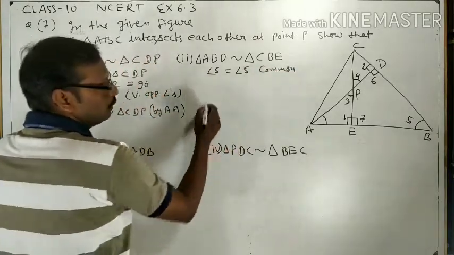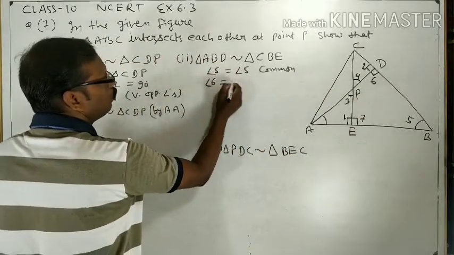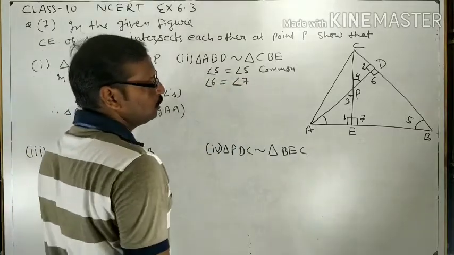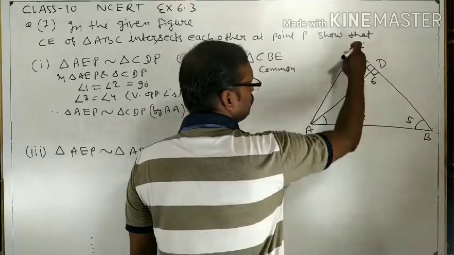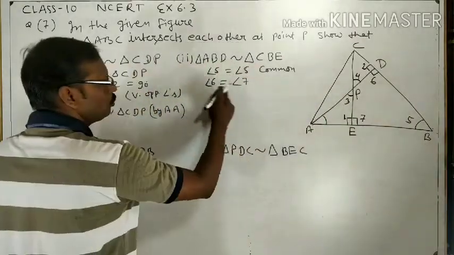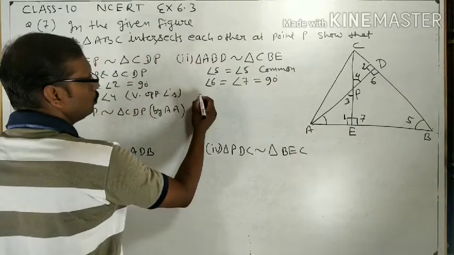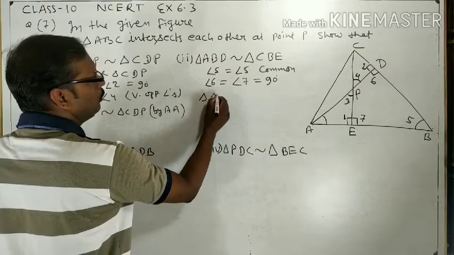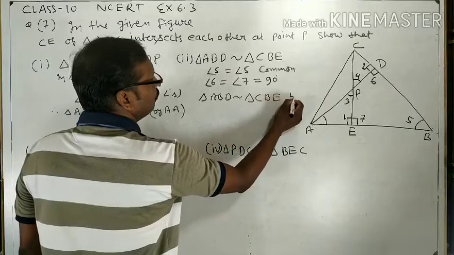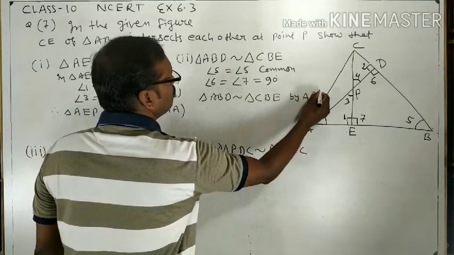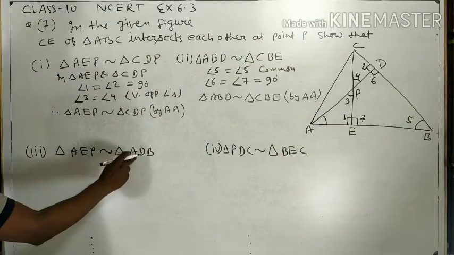Next, angle 6 equals angle 7. You can write the whole name of the triangle also: 6 means ADB and 7 means CEB. So 6 equals 7 because both are equal to 90 degrees. So triangle ABD is similar to triangle CBE by AA similarity criteria.